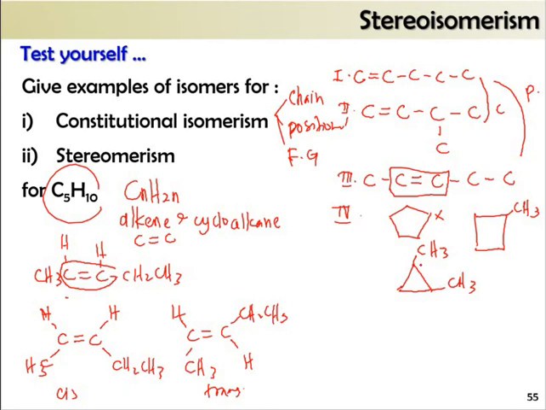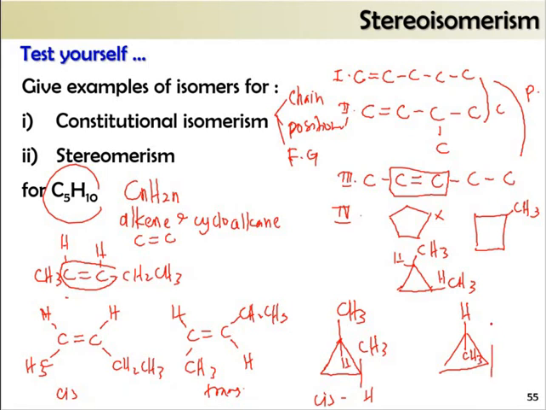Setiap carbon ni restricted rotation ni kan, dia ada kat sini ada H, sini ada H. So dia boleh jadi cis-trans. So kita pun buatlah. Okay, CH3, and then bila letak atas dengan atas, so dia jadilah cis. Okay, and then kalau bila letak H kat atas, CH3 bawah, kat sini CH3 atas, H kat bawah, so dia jadi dah trans. Okay, alright.